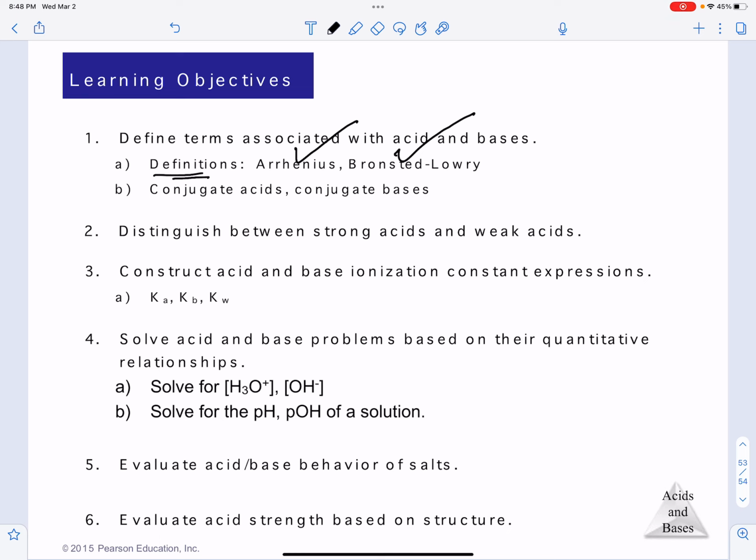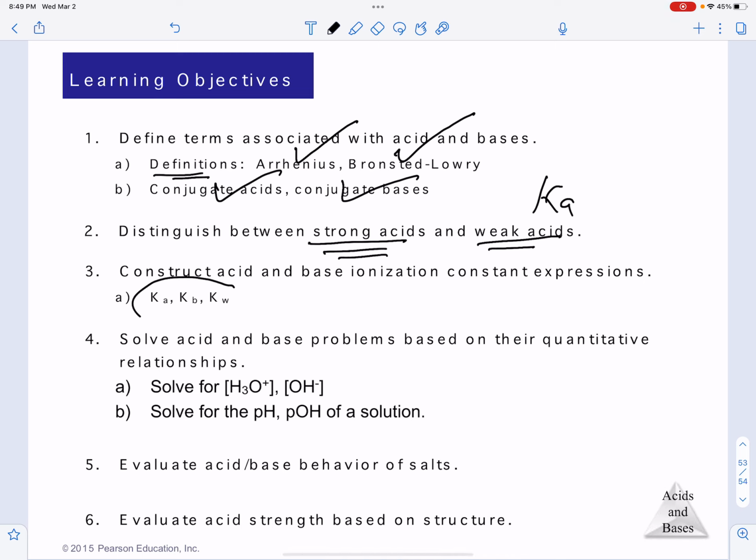And we just saw the Lewis acid, which is the one that accepts a pair or lone pair of electrons. And then we saw if we have an acid, whatever is produced is the conjugate base. If we have a base, whatever is produced is the conjugate acid. We saw the 7 strong acids, and any other acid is a weak acid, where you're going to then use the Ka.